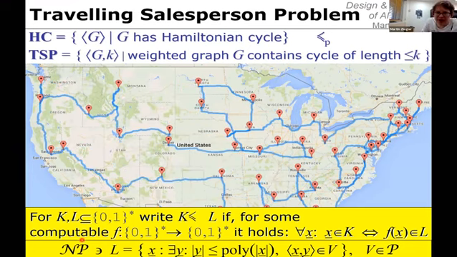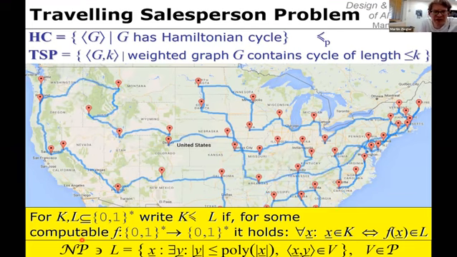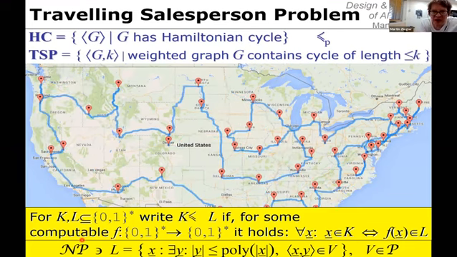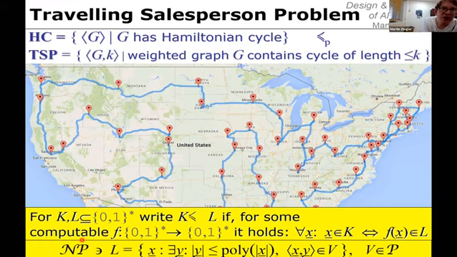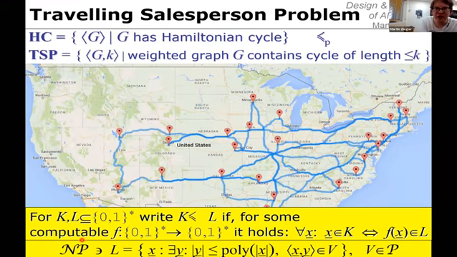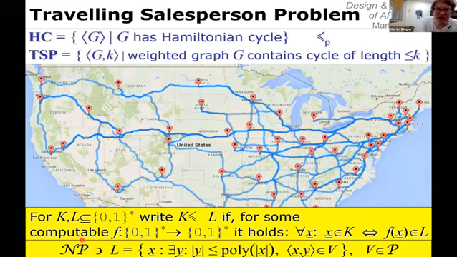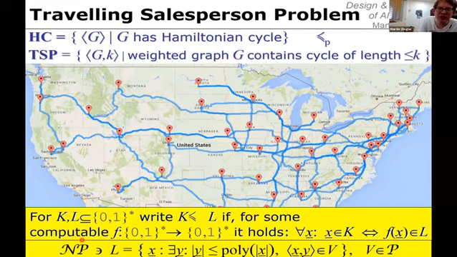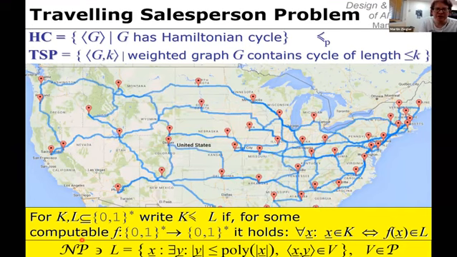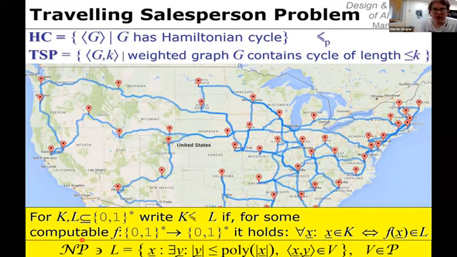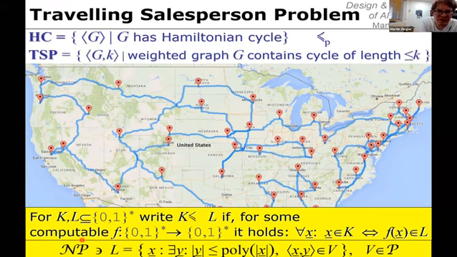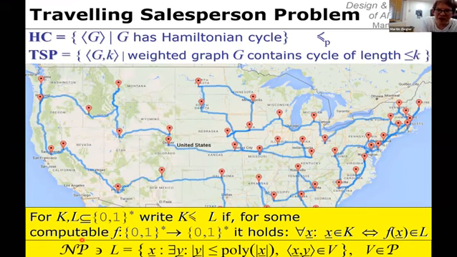So let's practice that. We're given a graph and, no, sorry, we are not given an integer k, just a graph, and we're supposed to answer whether this graph has a Hamiltonian cycle or not. To this end, we use the hypothetical algorithm for traveling salesperson as follows. We're going to add edge weights to our original graph.